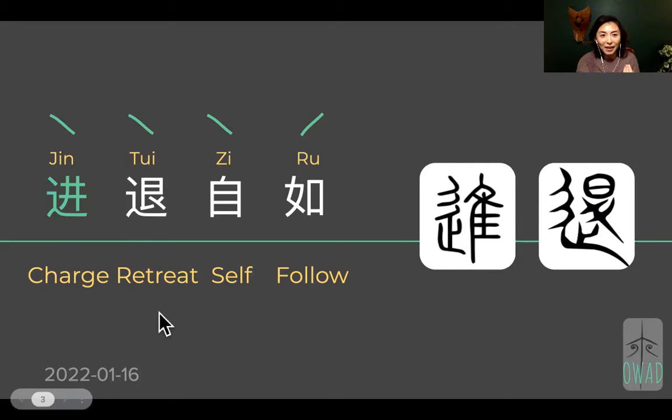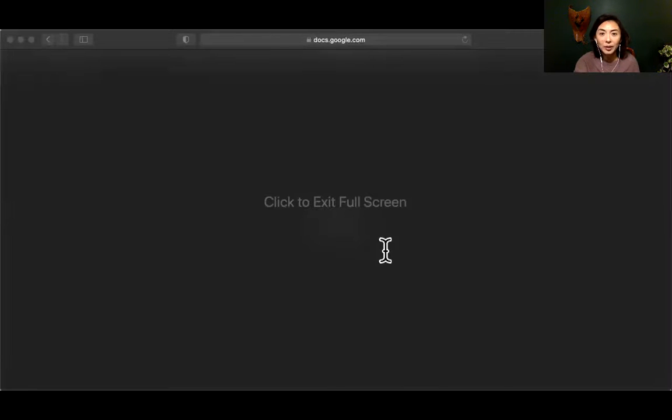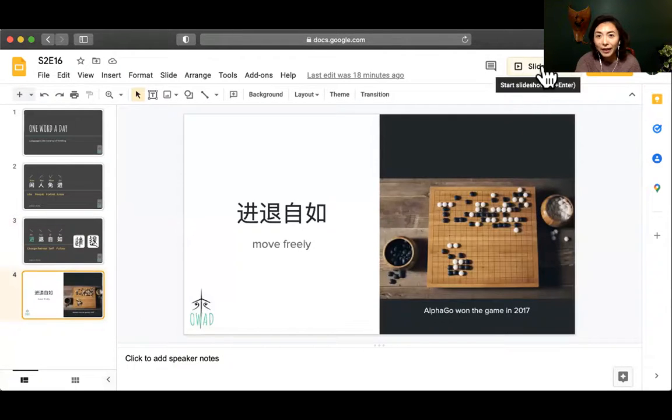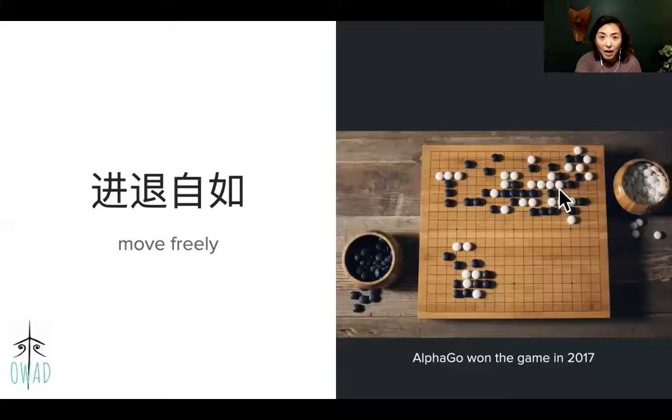It's a military decision. And then 自如, 自 is self, and 如 means follow. We have the mouth, the woman there, and then a symbol. These two together mean following the instructions from the mouth, and women are typically more obedient in following. Okay, so I don't know why I exit.